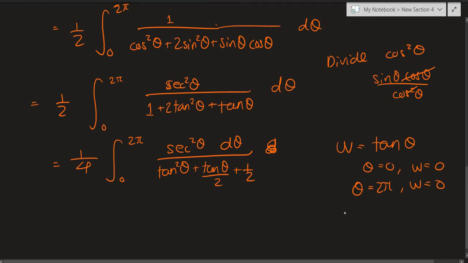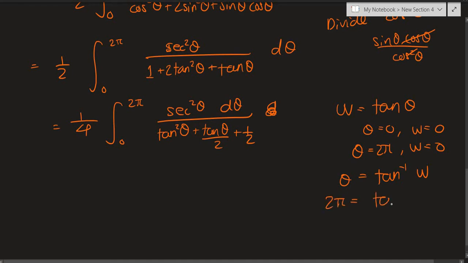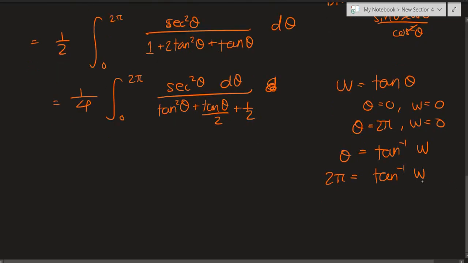But now the problem is, because theta is nothing but inverse tangent of w, for a value 2 pi we are expecting some output from some input w to produce this 2 pi, but the problem is the range of this goes from negative pi over 2 to positive pi over 2.